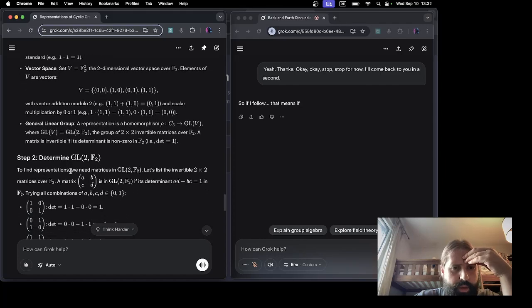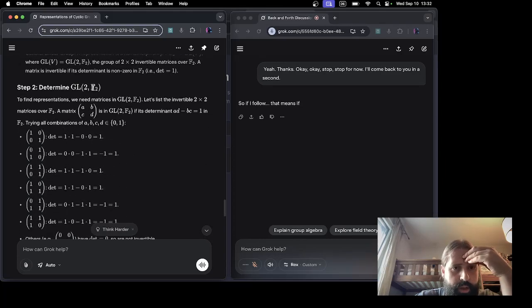So determine GL. I don't know why that 2 is needed in here, but we need matrices. So let's list the invertible 2 by 2 matrices, because essentially we need the linear transformations. We need all the possible invertible linear transformations. So we've got this matrix.